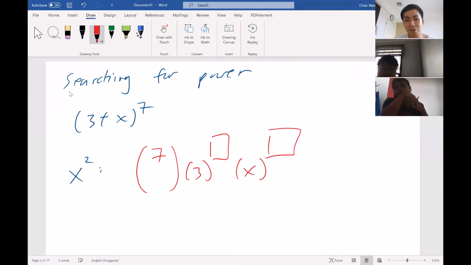Since the question asks for x squared, this must be 2. And this naturally must be 5, because 5 plus 2 will give you 7. And this one here doesn't really matter which you follow, so I'll just follow 7 choose 5, which you can evaluate on a calculator, and that will be the answer immediately, okay?